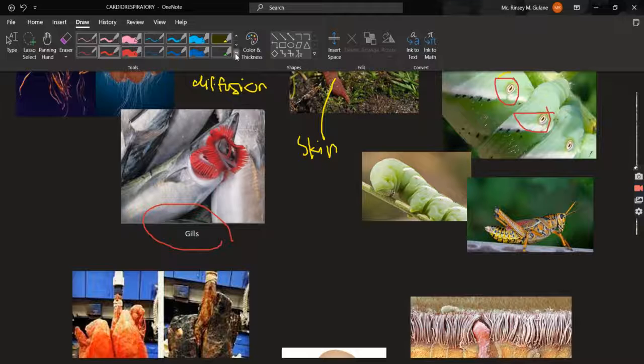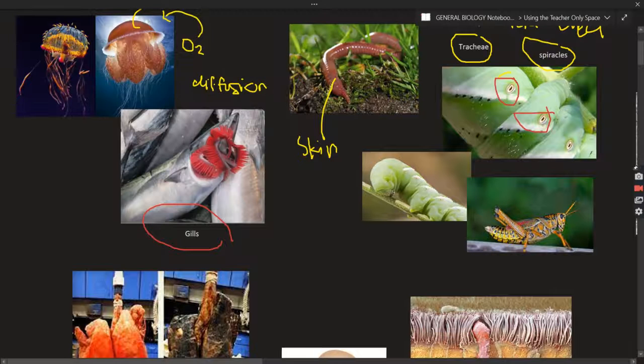Okay, so how do these fishes obtain oxygen? So they are obtaining oxygen through a process known as countercurrent exchange.